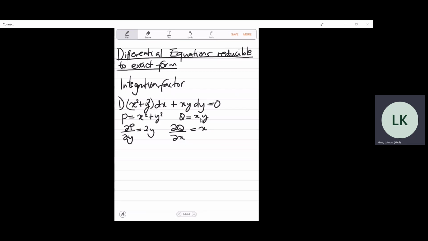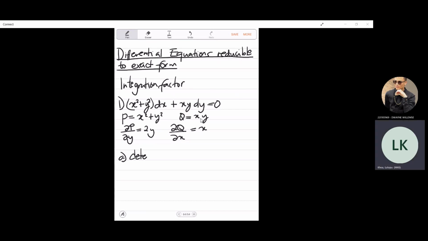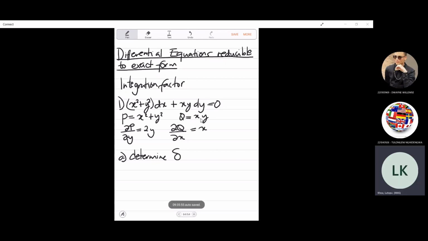Now there are a few steps that we have to follow in order to find this integrating factor. The first one is to determine delta. Delta is given by dP/dy minus dQ/dx.